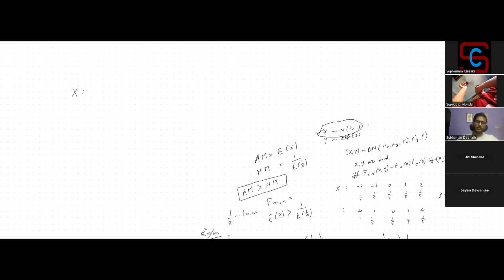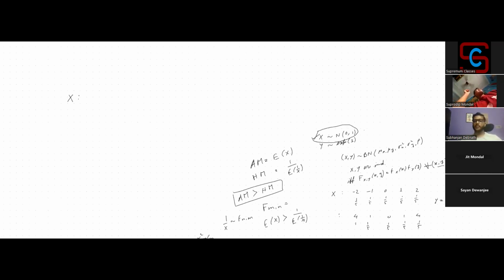So you have to find these three probabilities using that random variable.